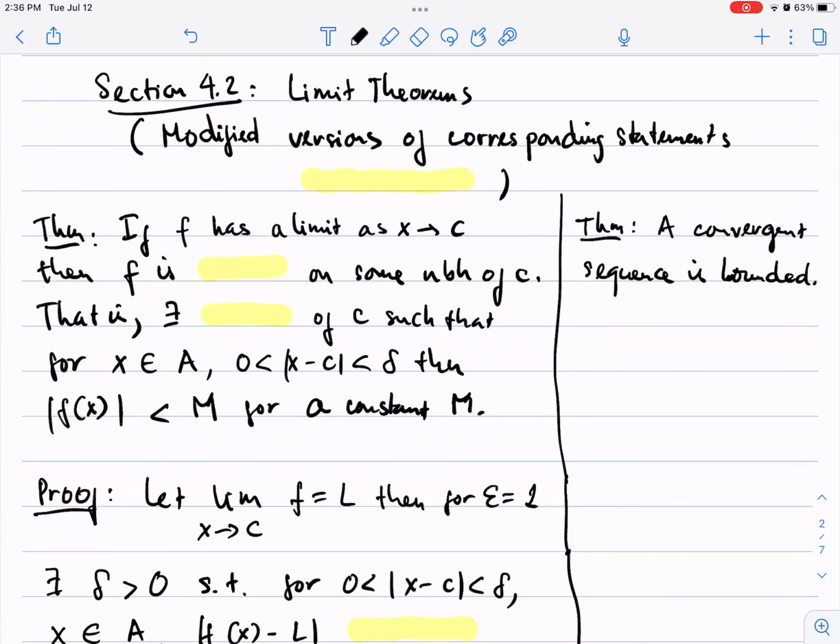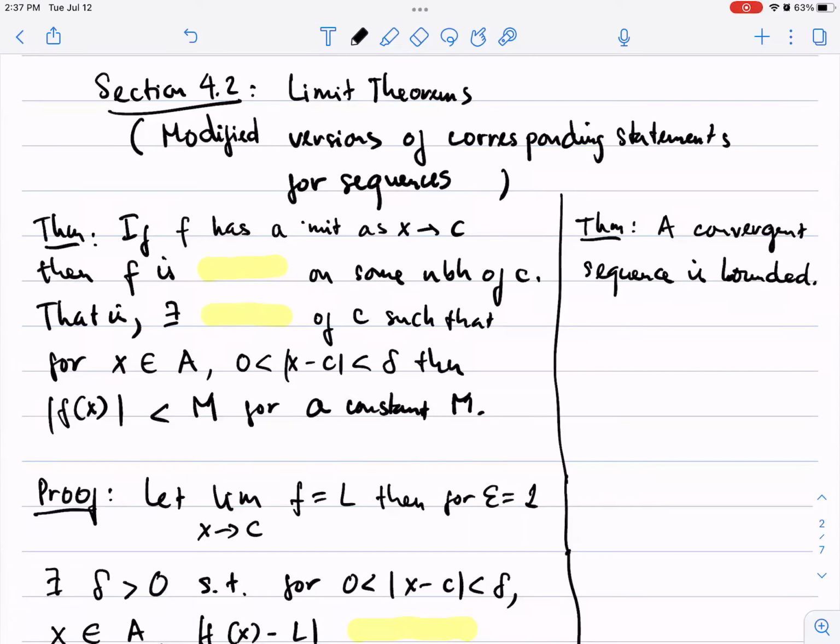Hello everyone. Today we discuss limit theorems. They are basically modified versions of corresponding statements for sequences. Remember, a sequence is just a special function.